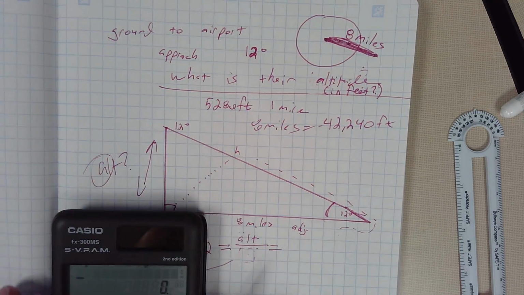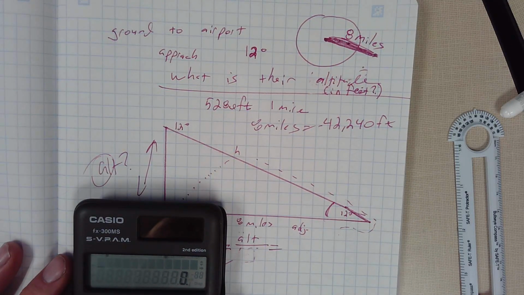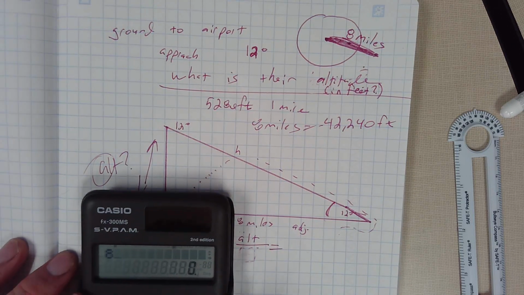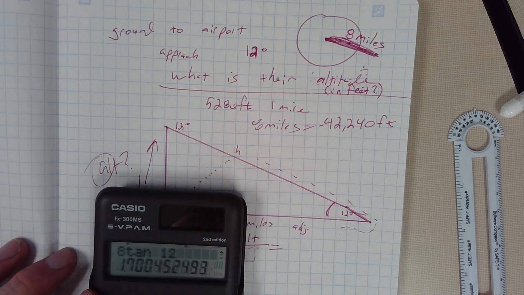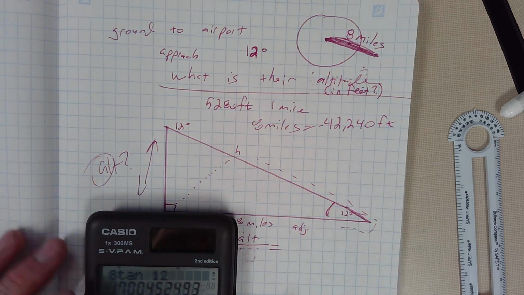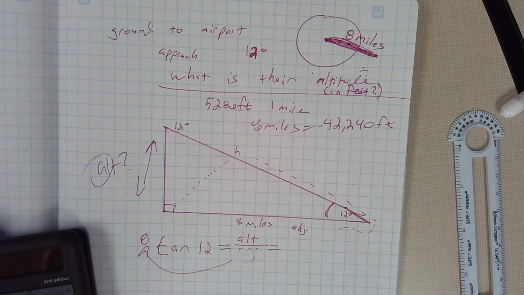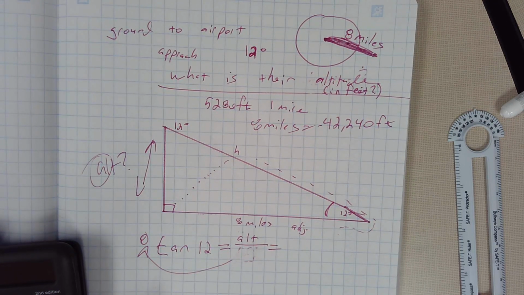So I'll type that in my calculator. 8 times tangent of 12 equals 1.7. Cool.